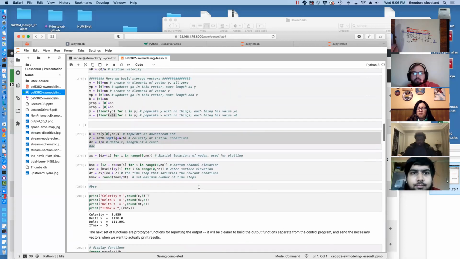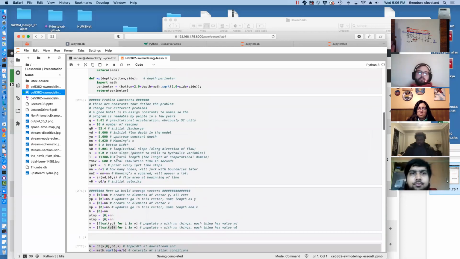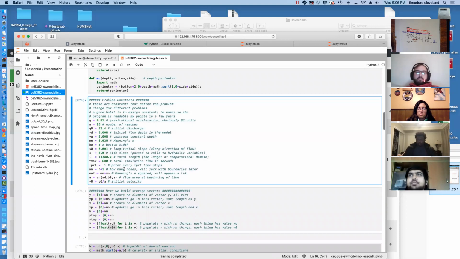So we can now go back and we'll make some changes. So that was 10 minutes. Let's run it for 100 minutes. 6,000 seconds is 100 minutes. So a little bit more than an hour.